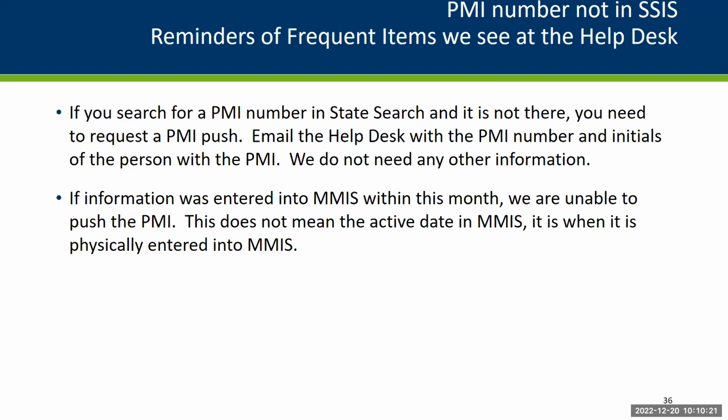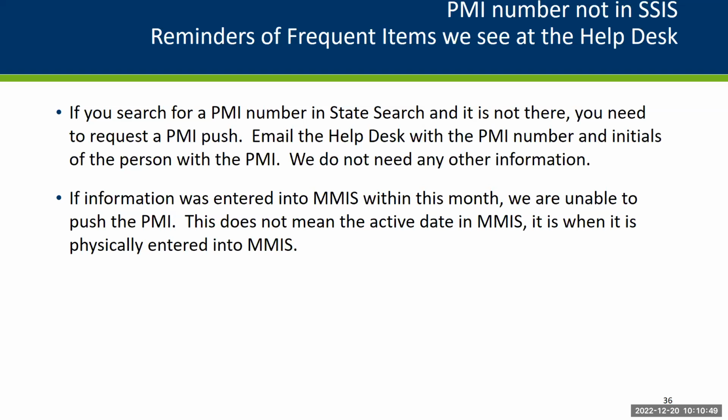The last thing is, if information was entered into MMIS within this month, we are unable to push the PMI. That doesn't mean when it was active in MMIS. So if we've got an entry in December, the kid is active back to October, but it was entered December 3rd, we aren't able to push that PMI until after January 10th.